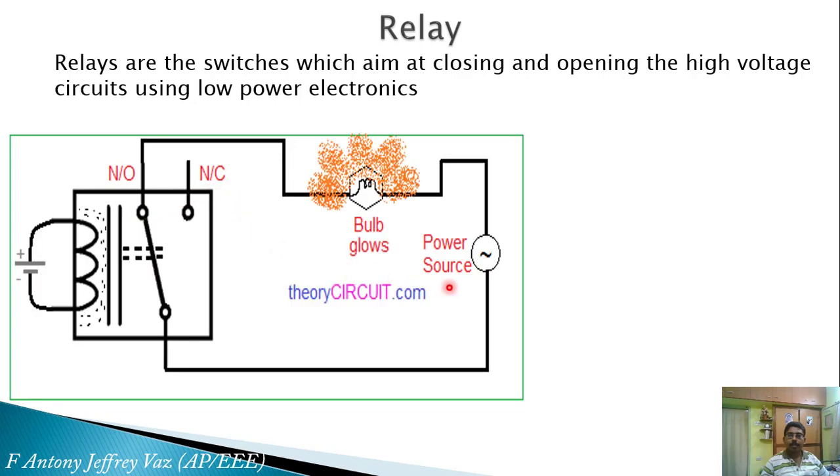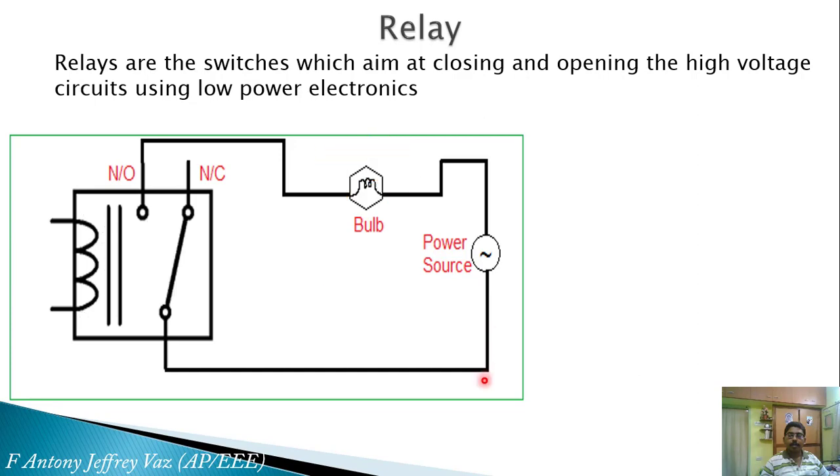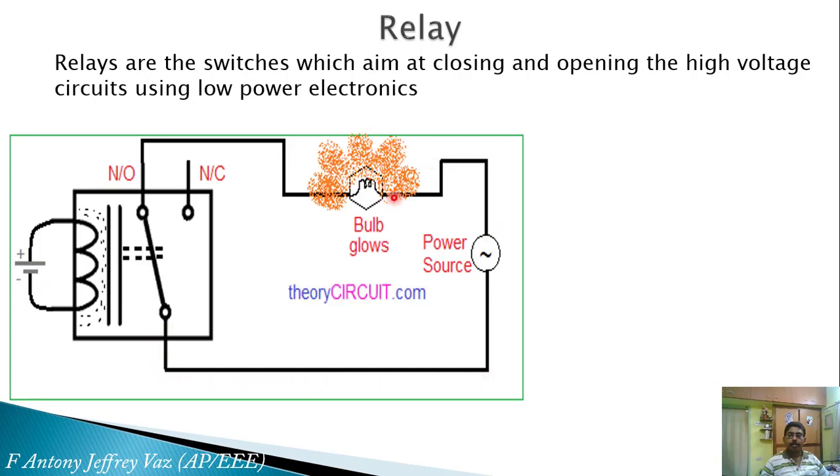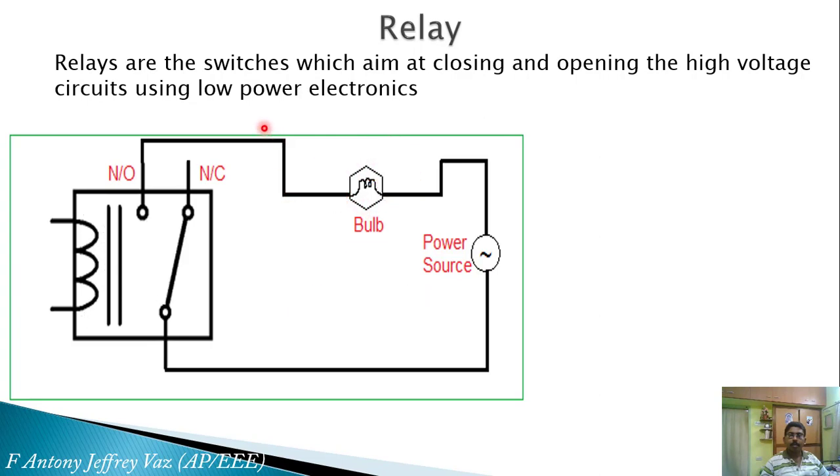This is the power source, the AC supply in your home where we plug in our TV, laptop or mobile charger. You take the neutral point from there and connect it to the common. Phase is given to the bulb which is to be controlled, and another point is connected to the normally open position.